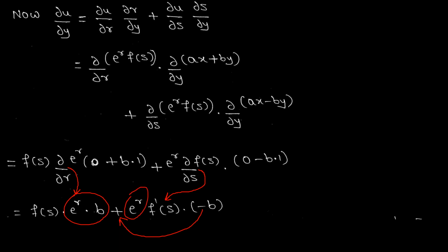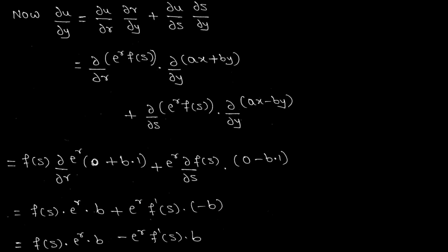B into e to the power r is common. Yes, we can observe b into e to the power r is common now. We have taken b into e to the power r common. What remains inside is f of s minus f dash of s. So as per our requirement, we found dou u by dou y as well.